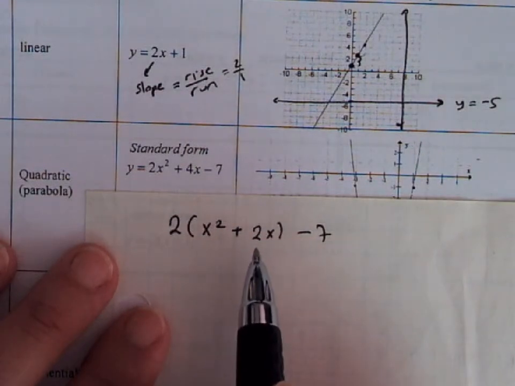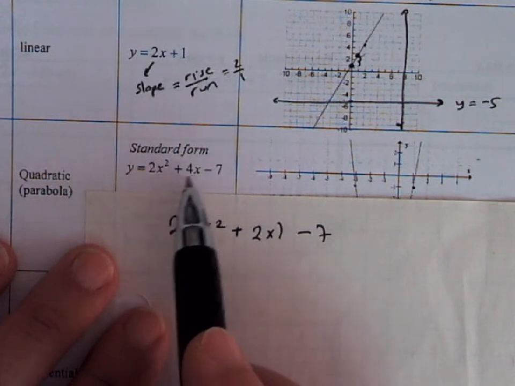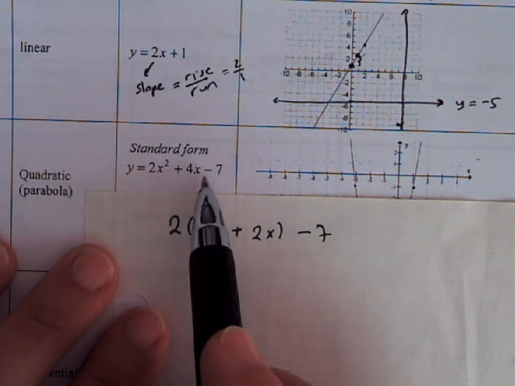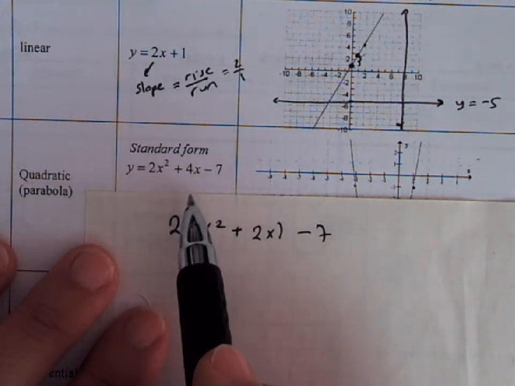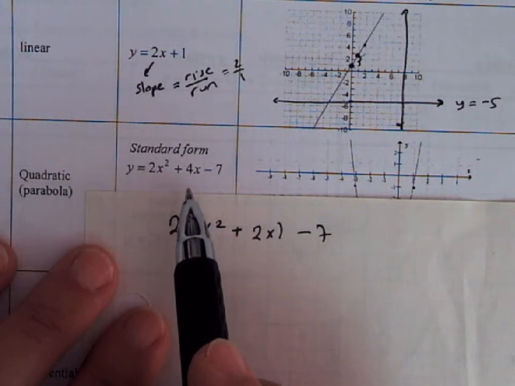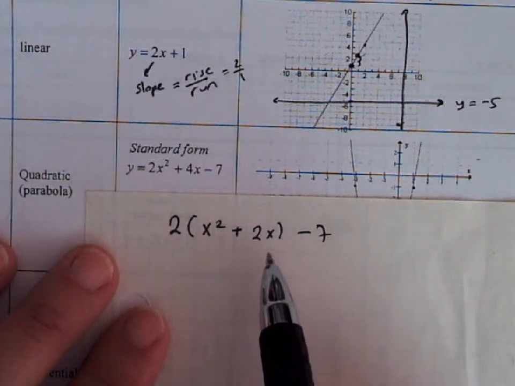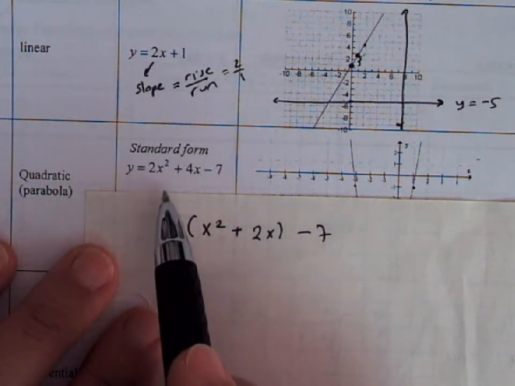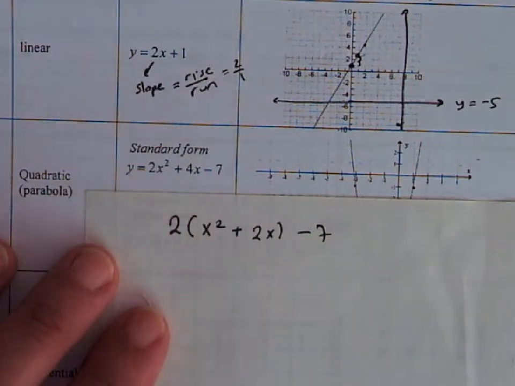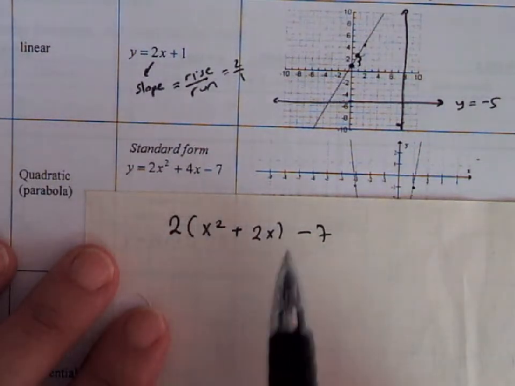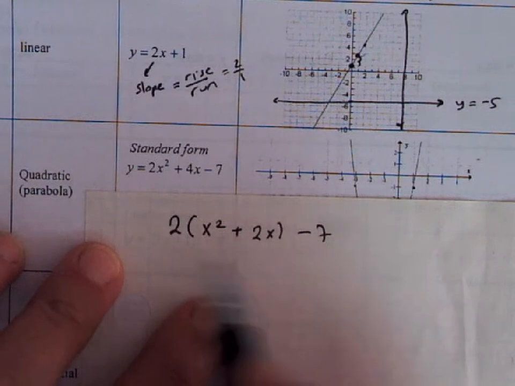We are doing the complete the square process. So we have 2x squared plus 4x minus 7, and we're going to put it in vertex form, converting standard form to vertex form. So we factored the leading coefficient from the first two terms. That was step 1.